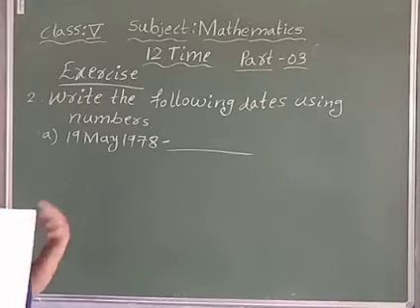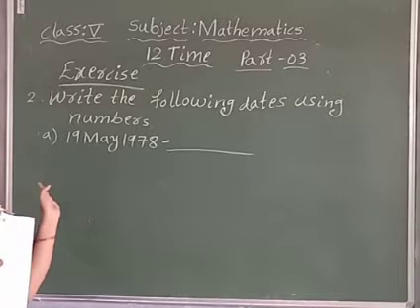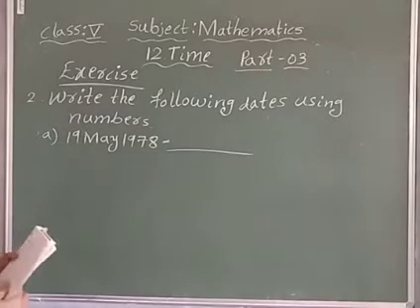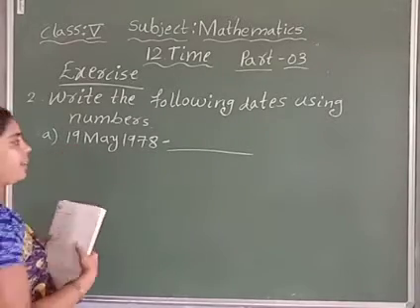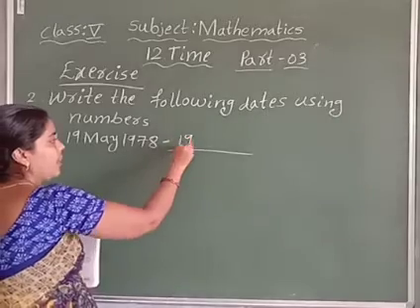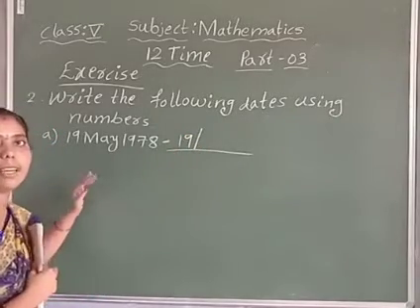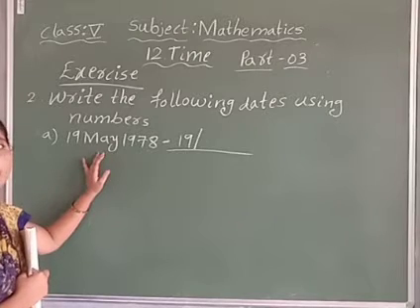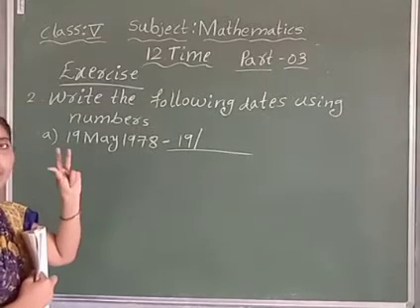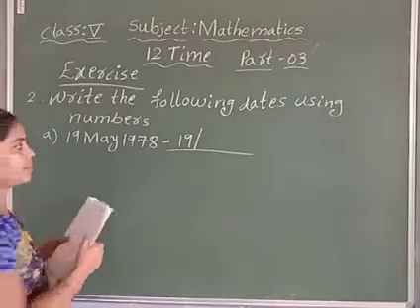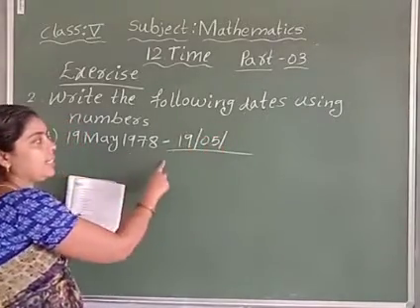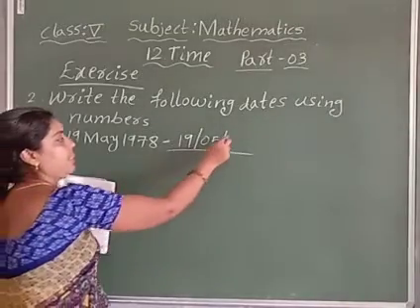Whenever we write a date, first of all, which one do we write? The date, 19. Then we write the month. Which month? May. January, February, March, April, May: 5th month. So 5. Which year? 1978.